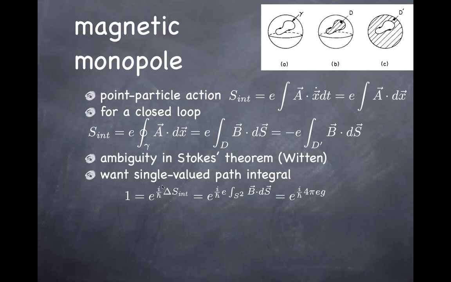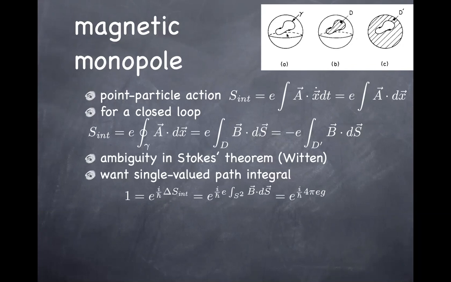And in fact, the amount of ambiguity, namely the difference of the action depending on which way you write it, is this one minus that one. So the amount of ambiguity, delta S interaction, is the sum of this integral and this area integral, which is the integral over the entire surface of the sphere. That's this expression here.